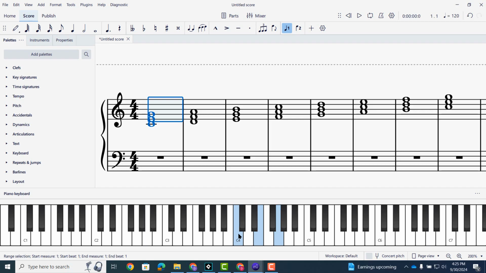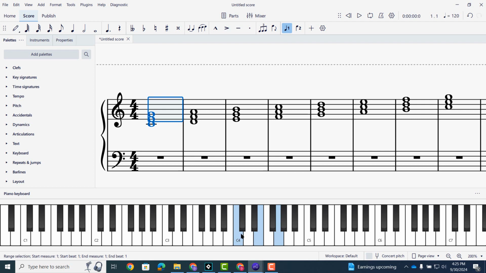So a half step would be here, a whole step would be two half steps, and then a minor third would be 1, 2, 3 half steps, and then a major third would be 1, 2, 3, 4. You don't start counting on the first one. It's the one that's next to it.